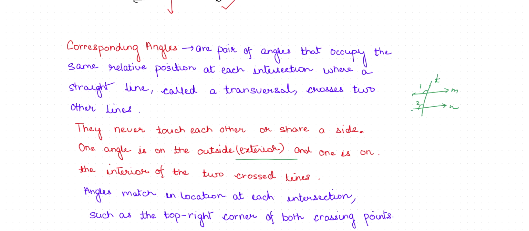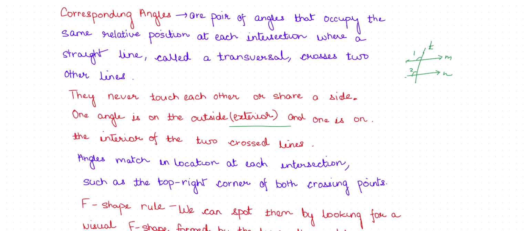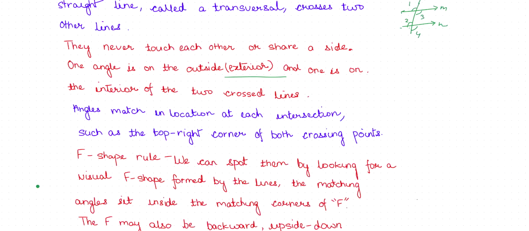And angles match in location at each intersection, such as top right. So this is like the top right corner. Okay. Or you can say the left side or this one down. Okay. So they match in location at each intersection. Okay. We can also apply the F shape rule.